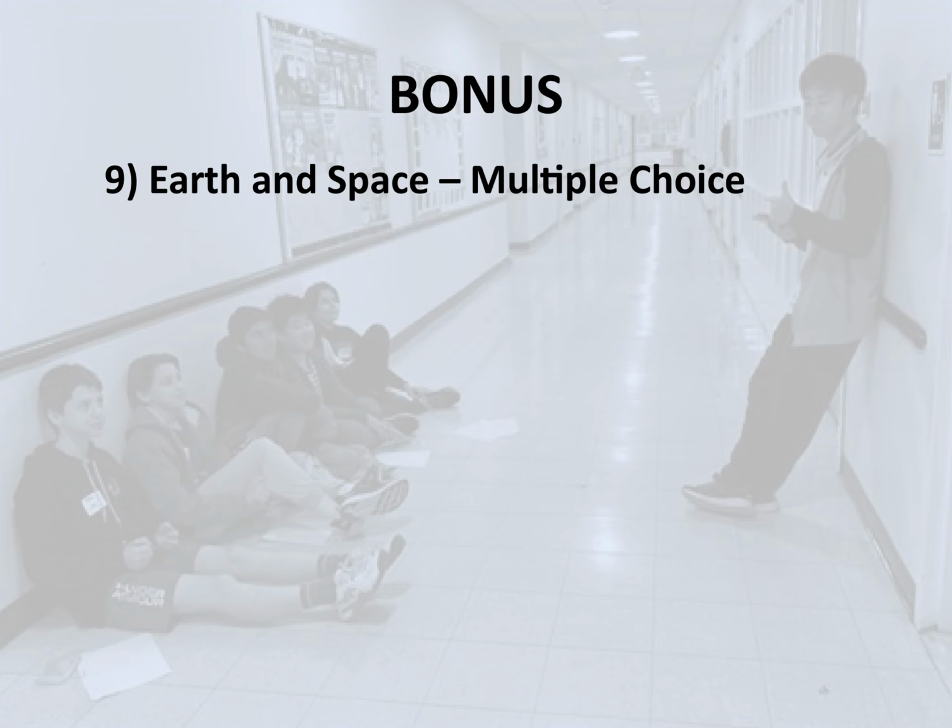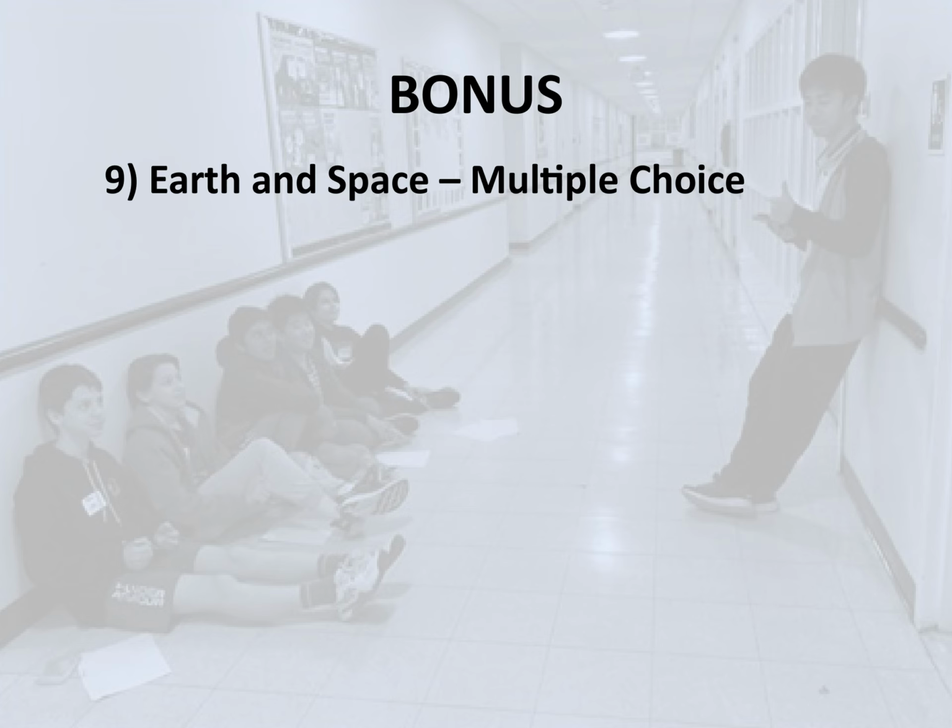Bonus 9. Earth and space, multiple choice. The Earth is tilted at an angle of 23.5 degrees with respect to the plane of its orbit around the Sun. If the amount of tilt were increased to 40 degrees, what would be expected in middle latitudes? W. Hotter summers and colder winters than at present.